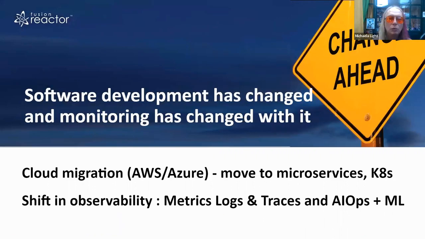Cool. Well, let's have a look at how software development has changed in ColdFusion in the last few years, and how that affects performance monitoring. In general, software development has changed full stop. If you think of the good old days, especially with CF, everybody had the pet server. That's changing.